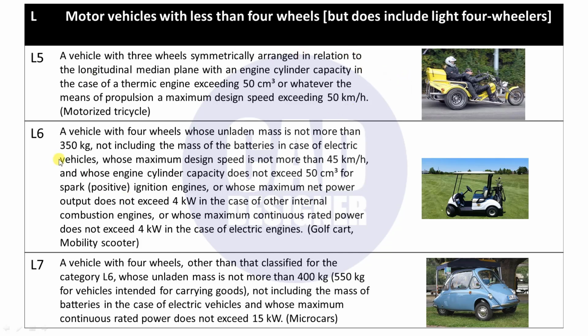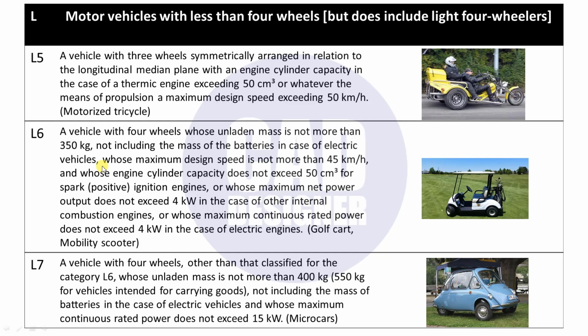Then the L6 category: a vehicle with four wheels whose unladen mass is not more than 350 kg, not including the mass of the batteries in the case of an electric vehicle.